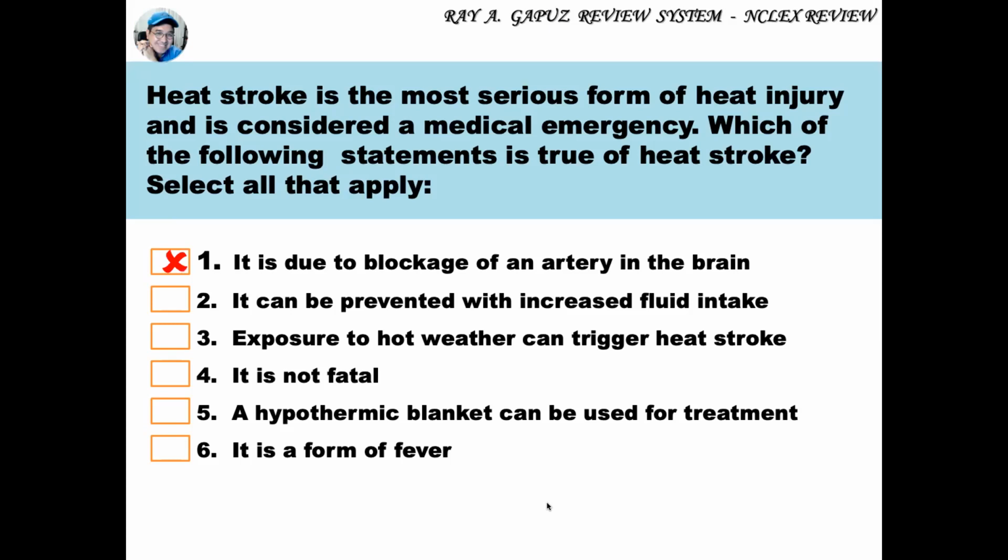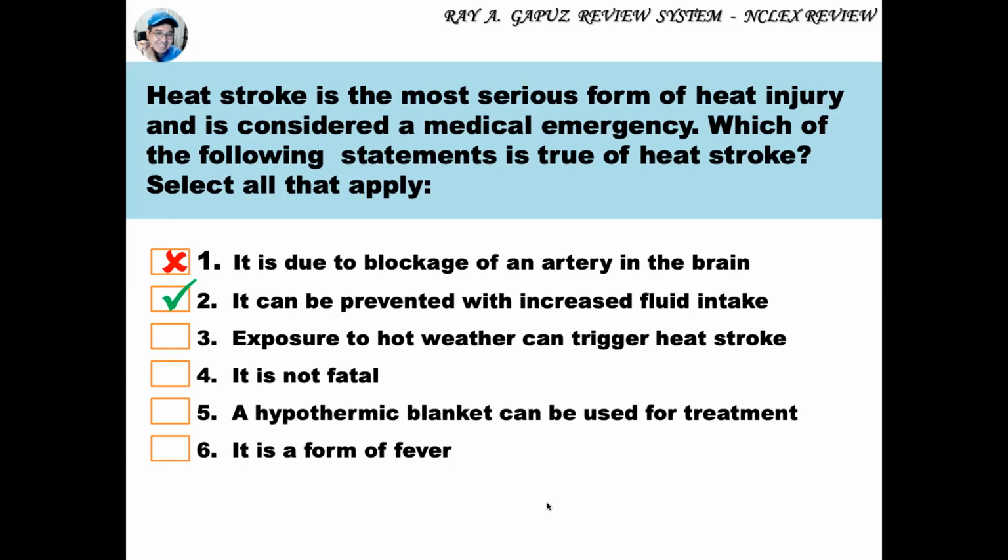Next, number 2, it can be prevented with increased fluid intake or hydration. Yes or no? Yes, that's why we always advise our patients, if there is an increase of temperature outside, to bring water so that somehow the heat of the body will simmer down.